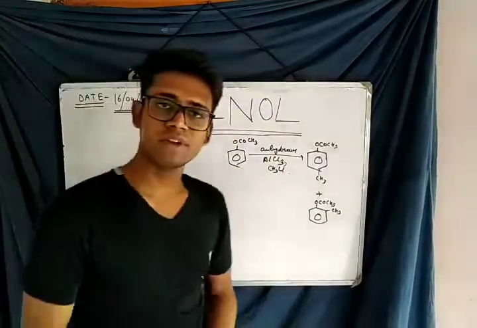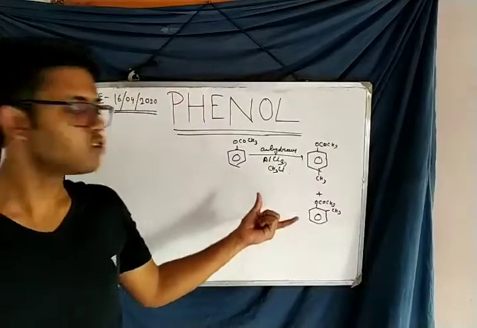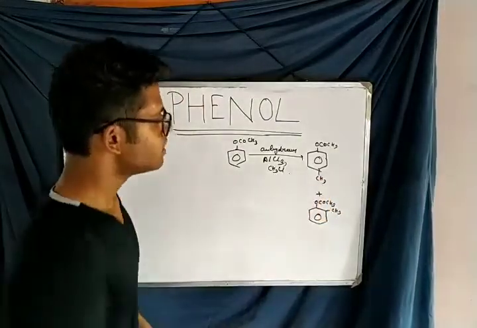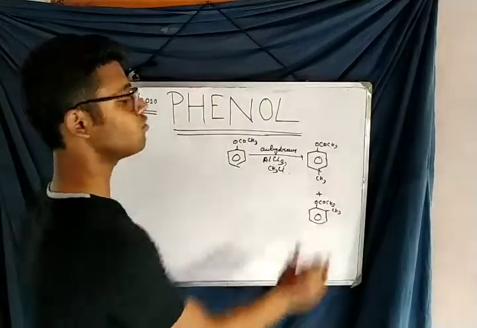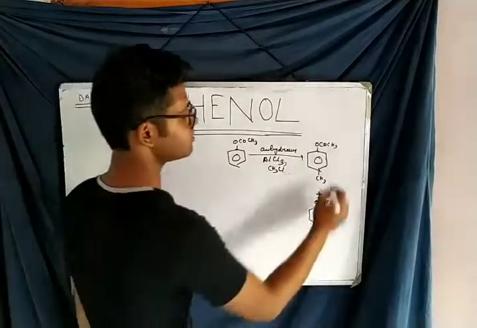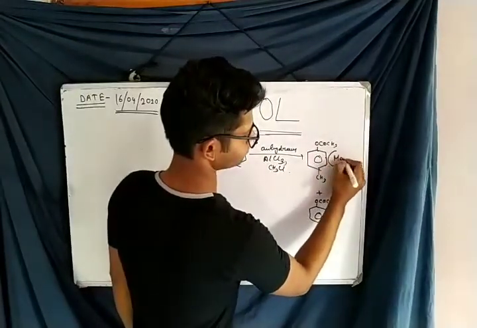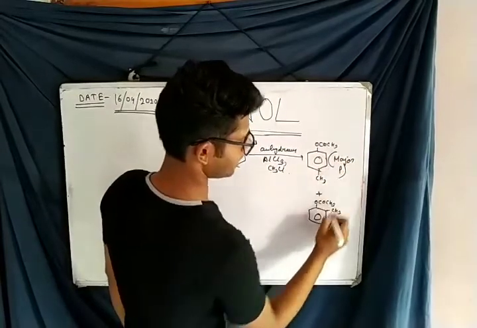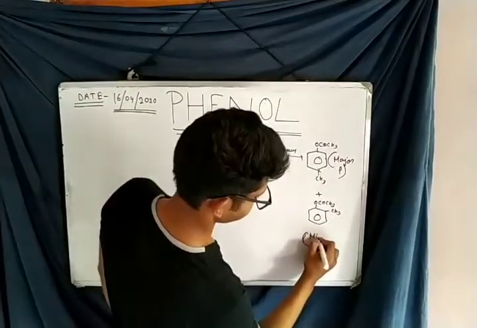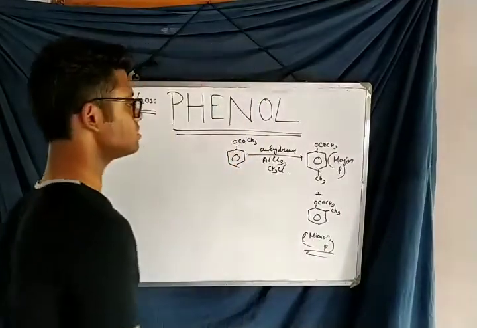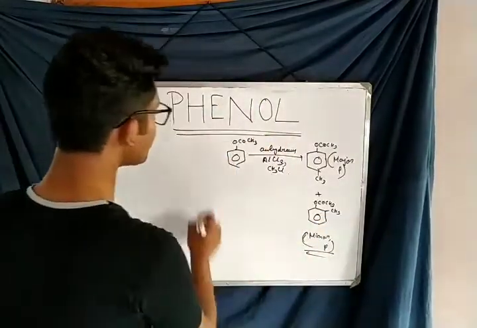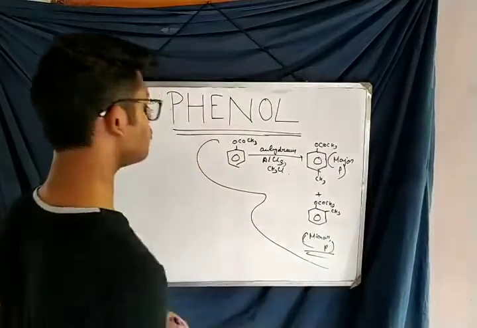We have known from the previous class that phenol is an ortho-para directing group, so one compound is undergoing ortho position and one compound is undergoing para position. So what will be the major product? This is the major product and this is the minor product. Okay, so this is the reaction. This reaction is a very famous reaction of the world.